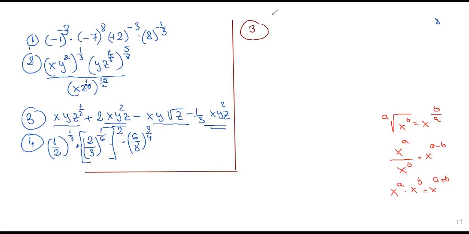So the first and the third one actually cancel out completely. And then it becomes 5 over 3 x y squared z.